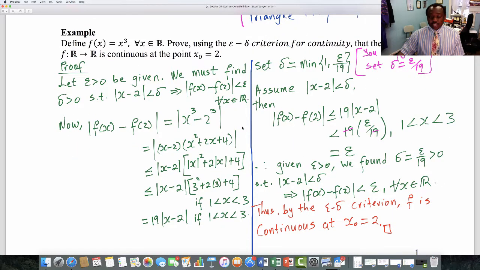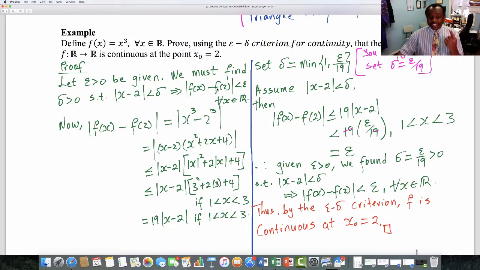This is how we proceed. We start off looking at the absolute value of f of x minus f of 2 and see if we can come up with a modified version that will permit us to determine what our delta would be. Recall, we pick an epsilon greater than 0, arbitrary, and we find a delta.